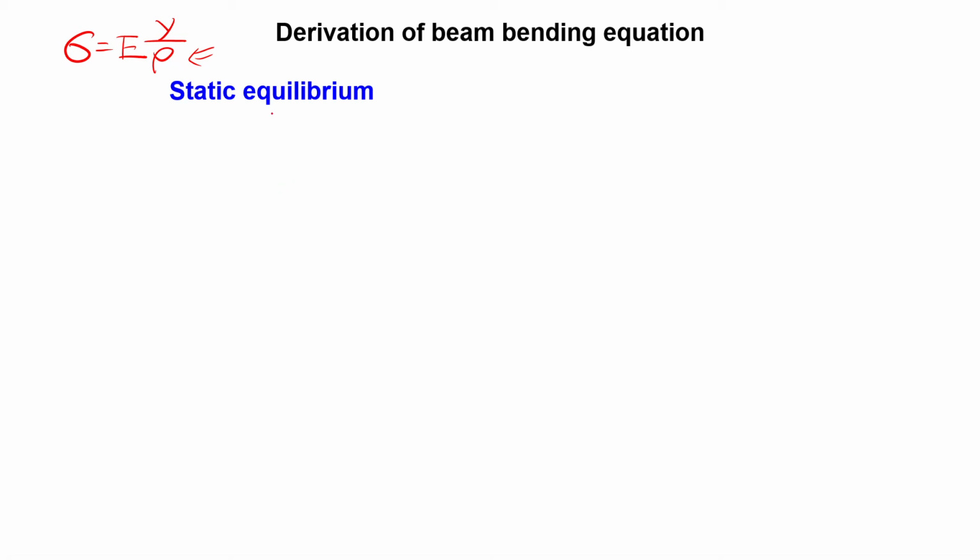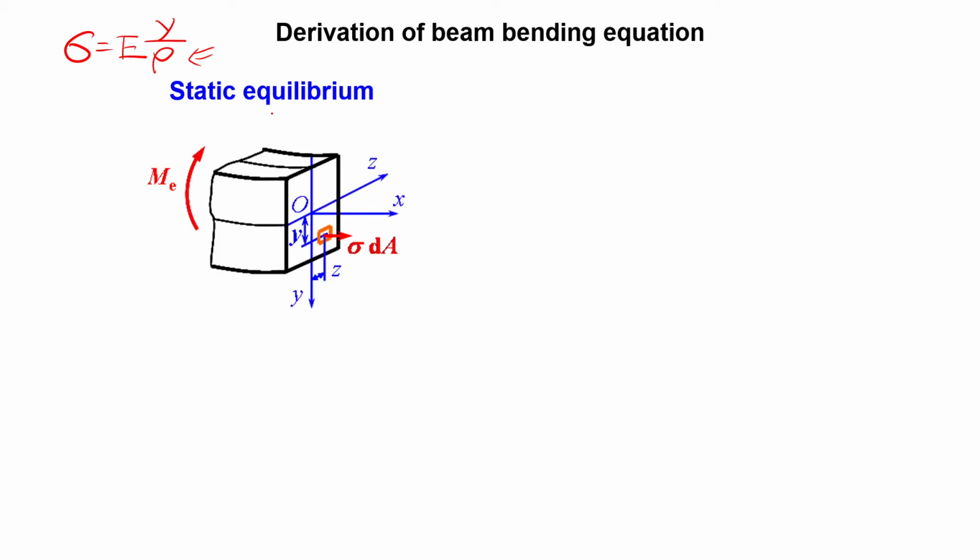So let's use the static equilibrium to work it out. Suppose still these pictures. Now we just look at a tiny area of that beam at the cross sections, and we want to analyze the balance, particularly the moment balance.